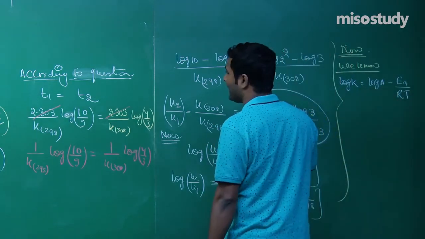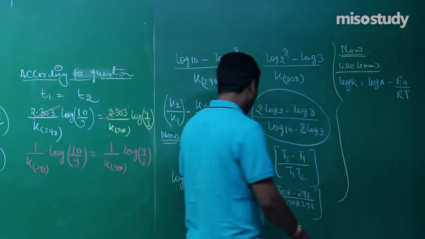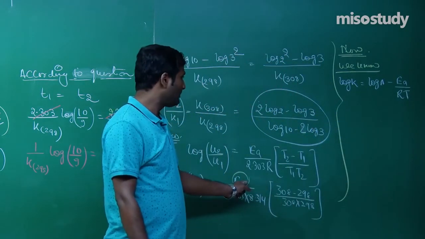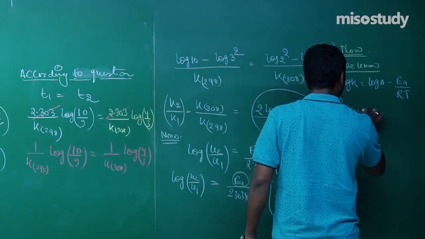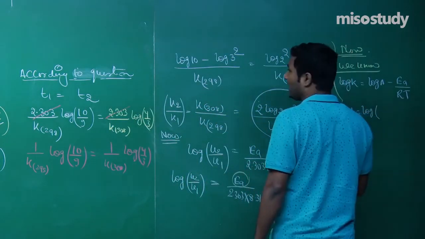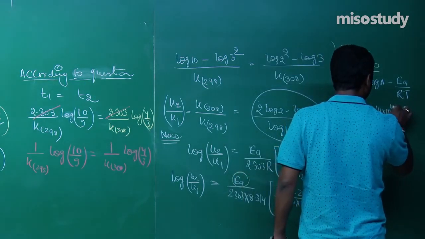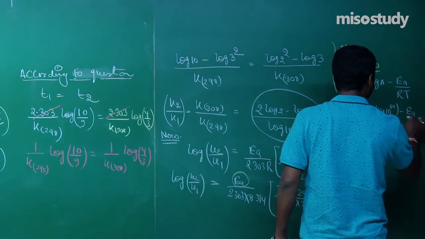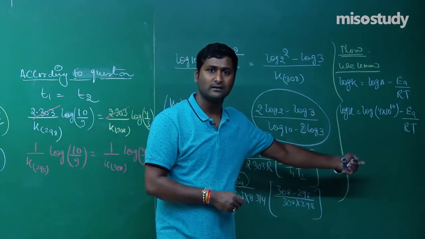Am I right? Now you have the value of EA from here, and A is given here, 4 into 10 to the power 10. Clear, my friend? Is it visible?